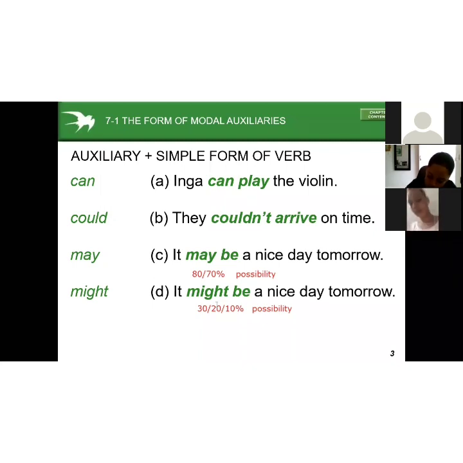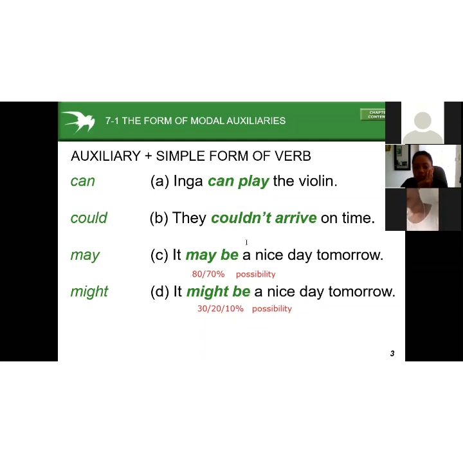So something similar to what you said, Miss Valeria, but I am just giving you a percentage of how to easily recognize when to use may and when to use might. This was something we covered in lesson number 3, remember? I think you do actually.